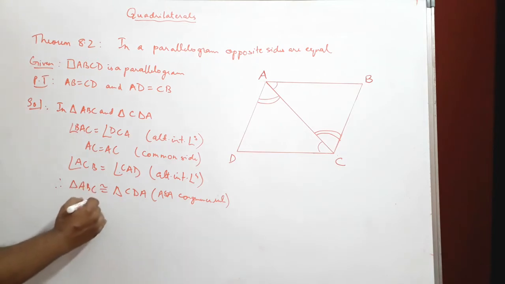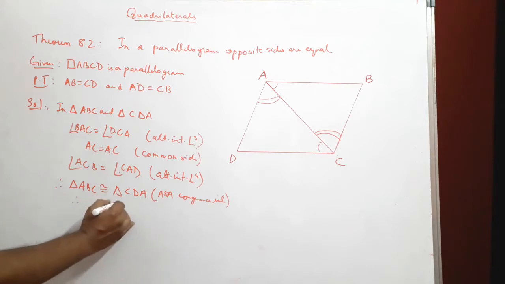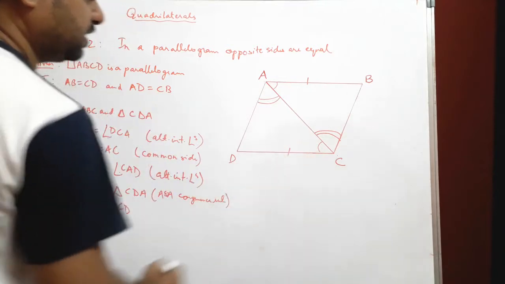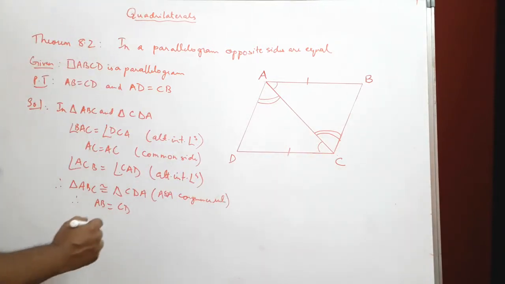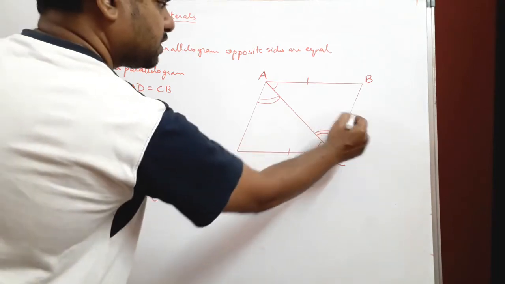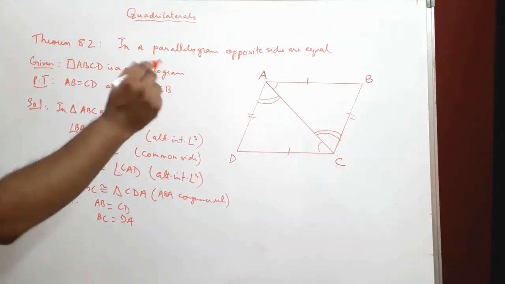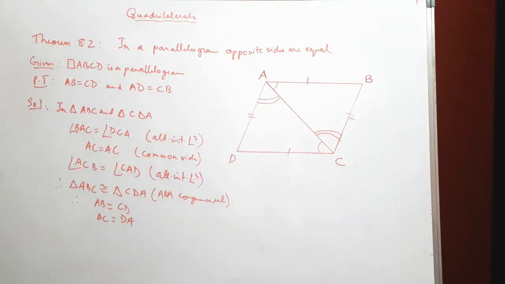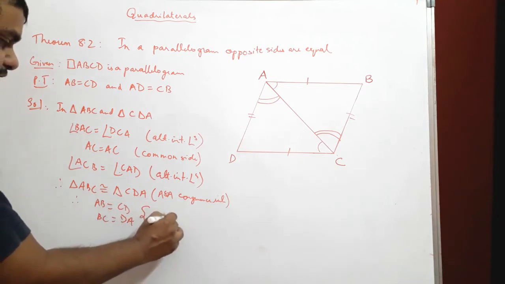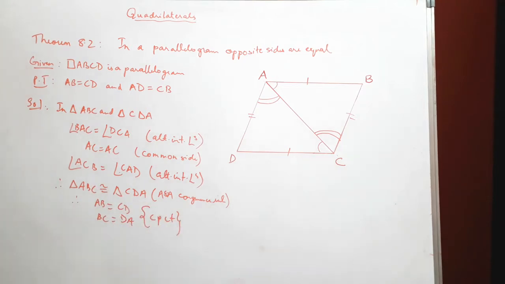So AB is equal to CD, that is this side is equal to this side, and the other side BC is equal to DA. These are the opposite sides of this parallelogram, and we have proved that they are equal, and the reason we give is CPCT. So this is how we prove theorem 8.2.